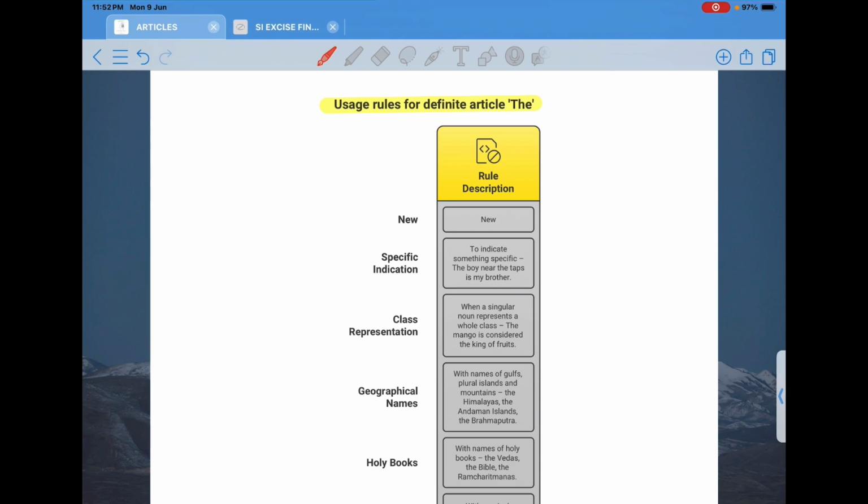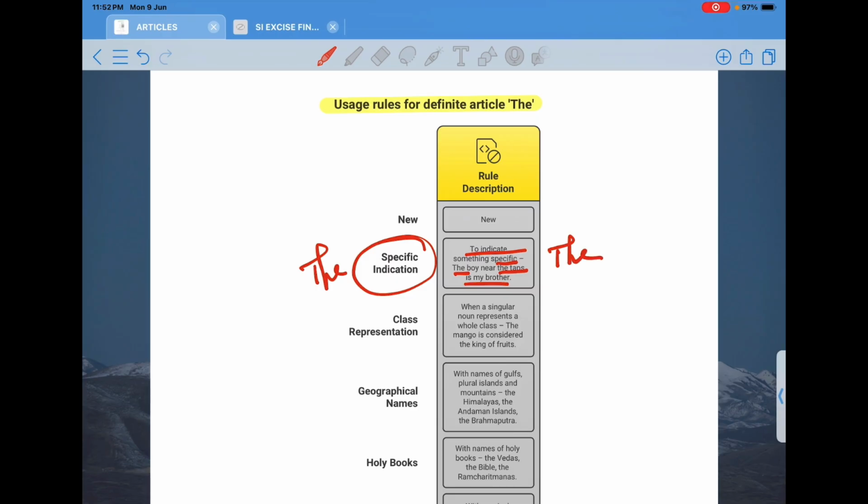Next, see, number one, specific indication. When we are indicating a particular person or something, in that scenario we use "the". To indicate something specific, the boy near the tap is my brother, so I am talking about that boy particularly, so in that case we will use "the".